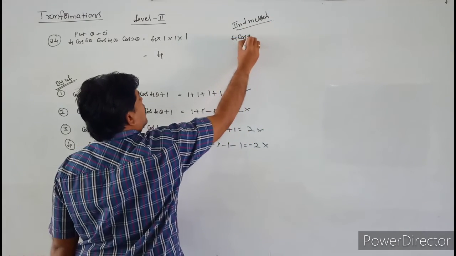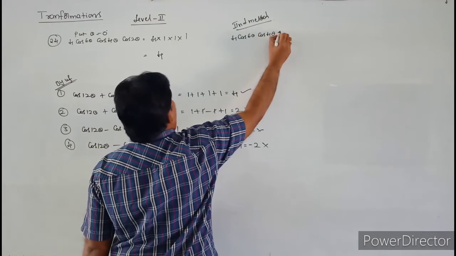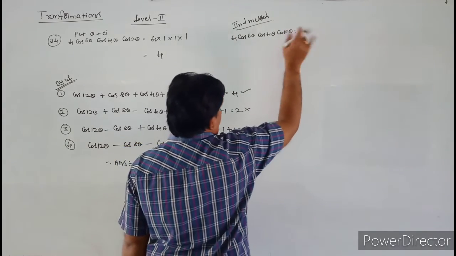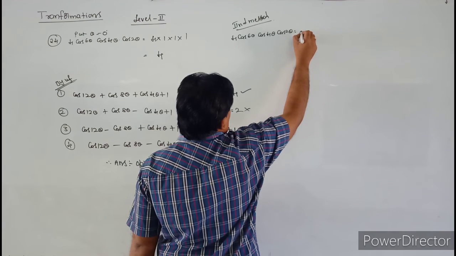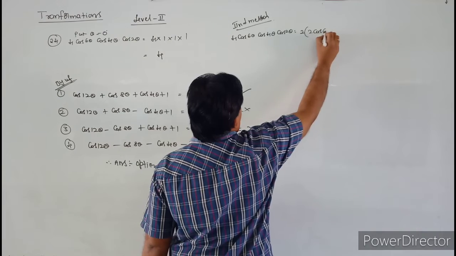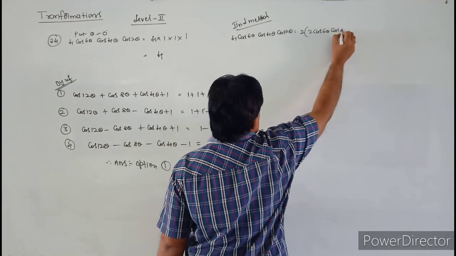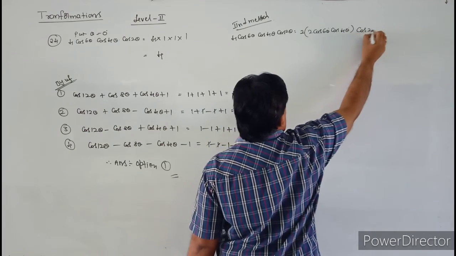4 cos 6 theta cos 4 theta cos 2 theta is equal to, what I will do first, 2 into 2 cos 6 theta into cos 4 theta into cos 2 theta.